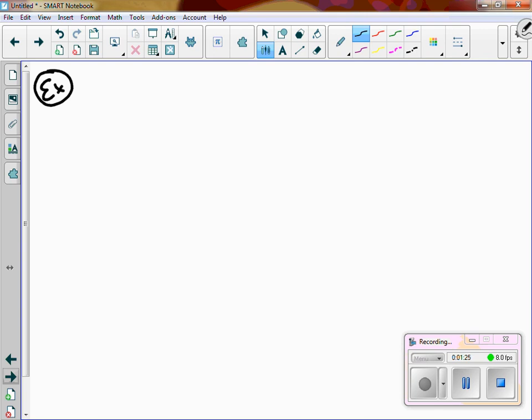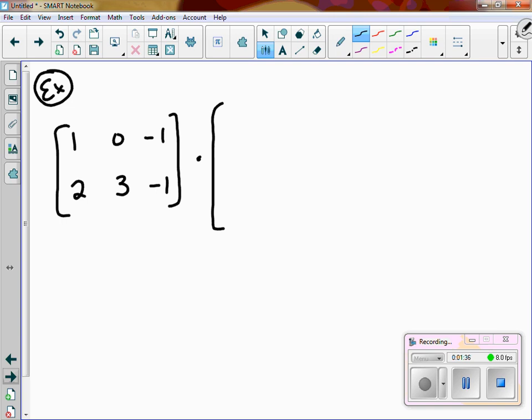Okay, so with that, let's say that I have 1, 0, -1, 2, 3, -1 times 4, 2, 2. All right, so the first thing that I always do is I write down my dimensions. So A, I can figure out if this is even possible, and B, I can figure out my final dimensions.